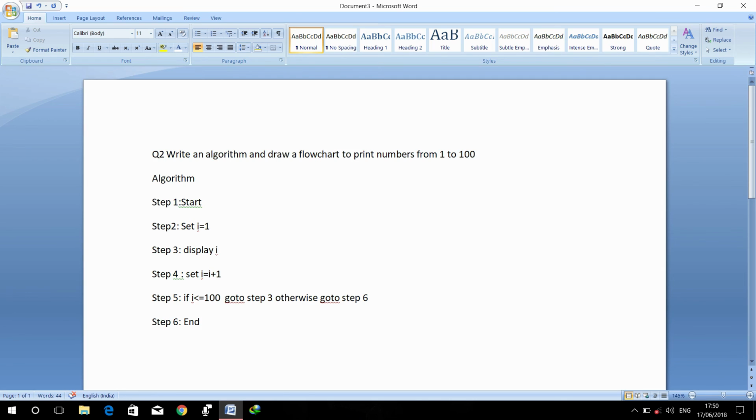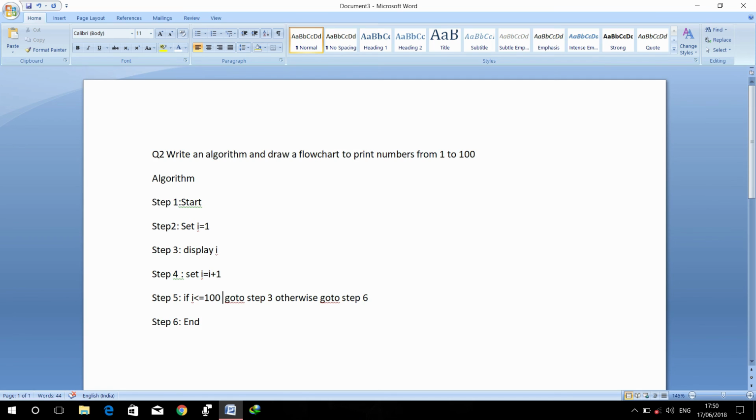Then it checks 3 is less than 100, so the condition is true, so it again goes to step number 3, and so on. And when I is 100 and then becomes 101, the condition is false, and it goes to step number 6, that is, end the problem.